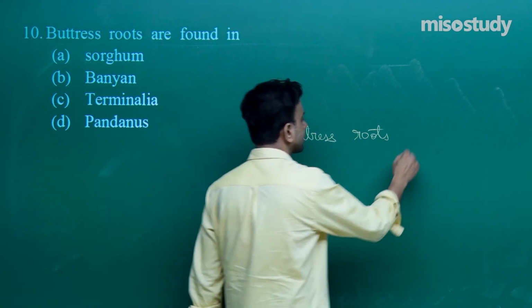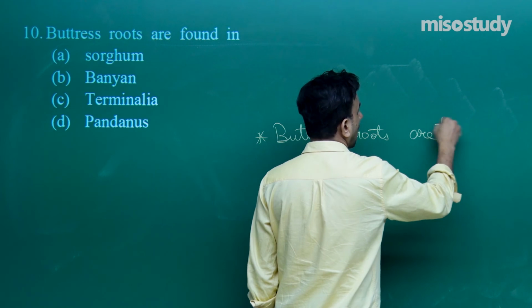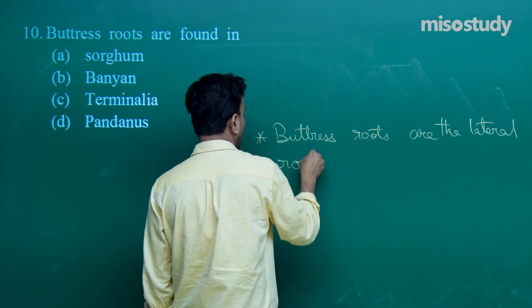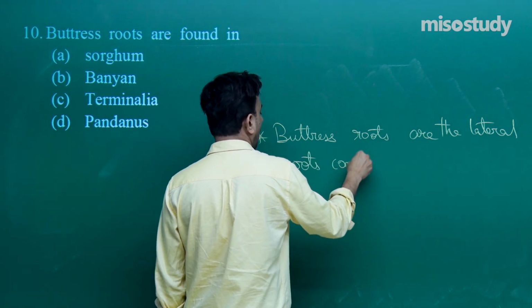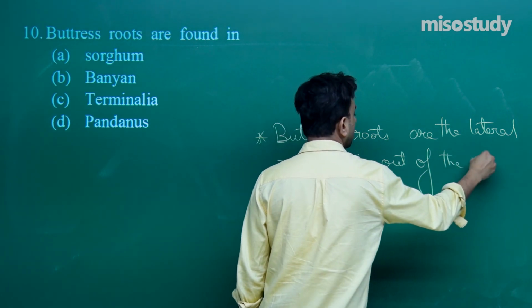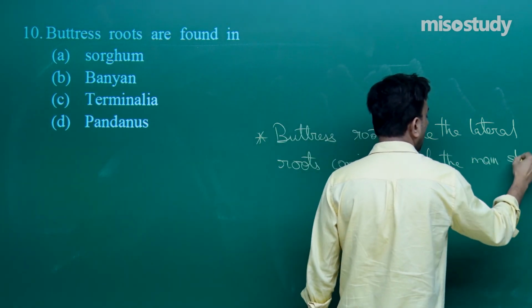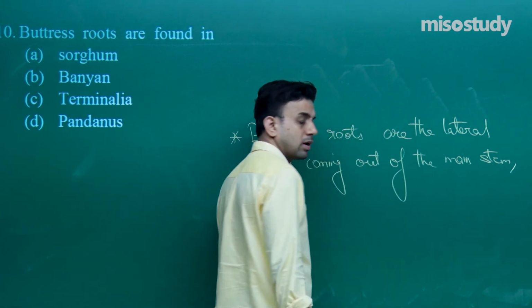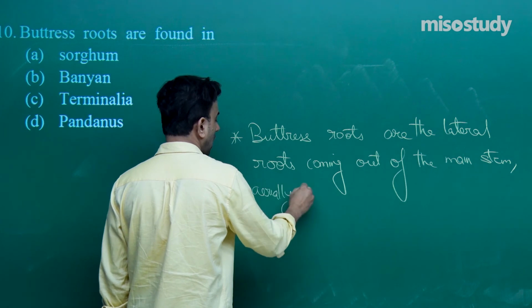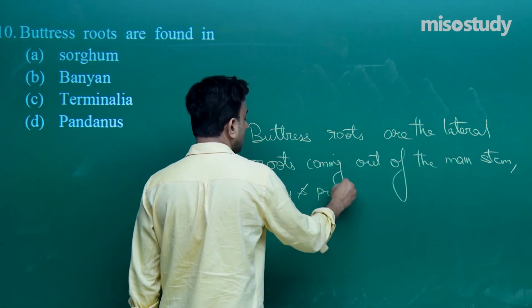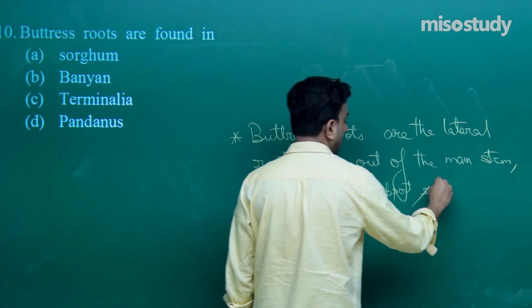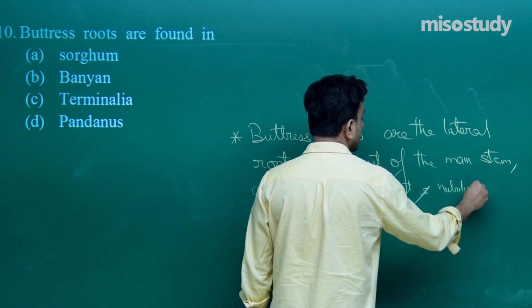The buttress roots are the lateral roots coming out of the main stem aerially and provide support and nutrition.